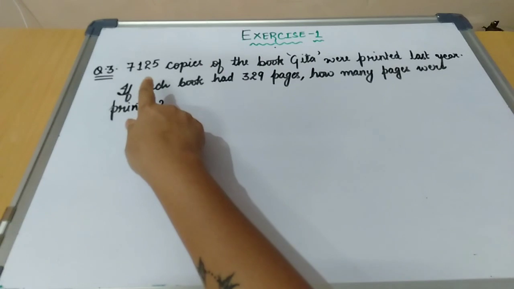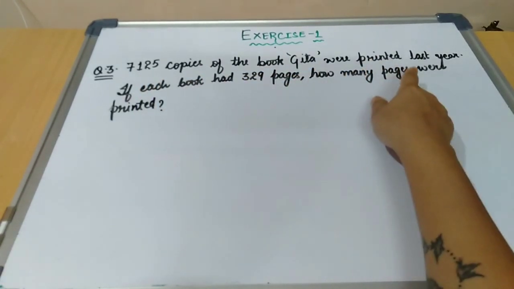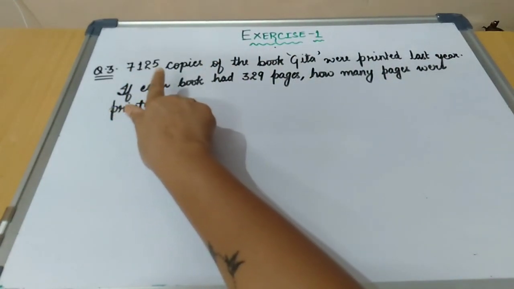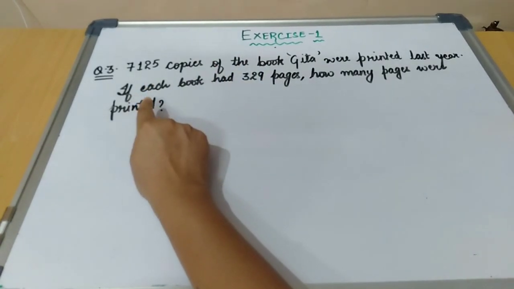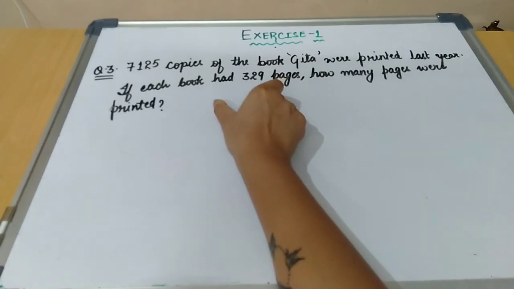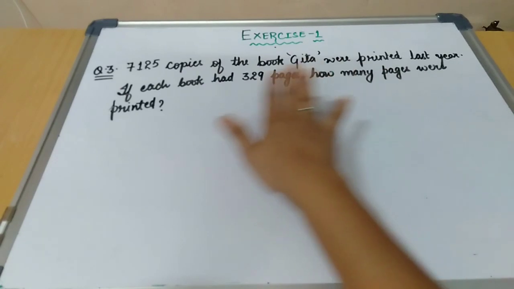See here what is given. The question is 7,125 copies of the book Gita were printed last year. Now they told us that each book contains 329 pages, how many pages were printed?